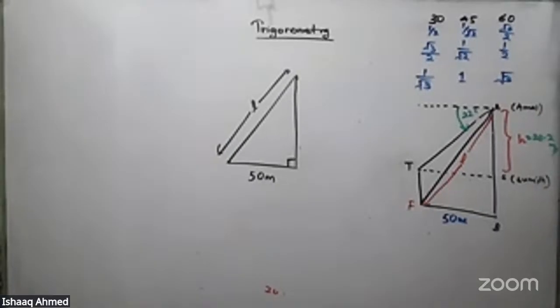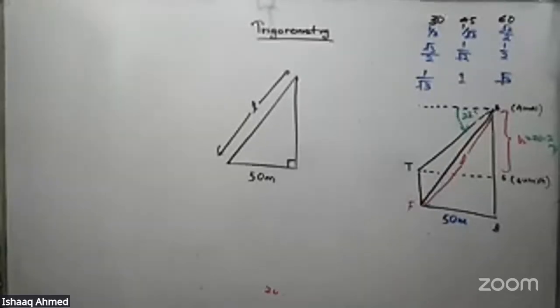Now we have to find L. Now we chose the triangle that has L as a side.